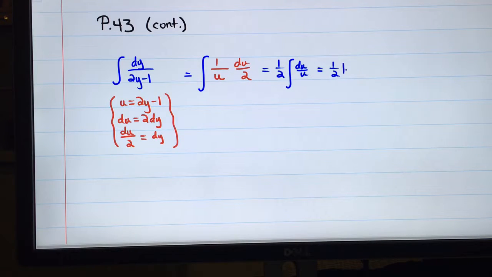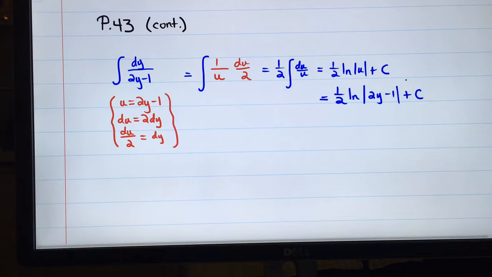Antiderivative, we have 1/2 the natural logarithm of the absolute value of u, followed by the constant. And with the back substituting, we have 1/2 the natural logarithm of the absolute value of 2y minus 1, followed by the constant.